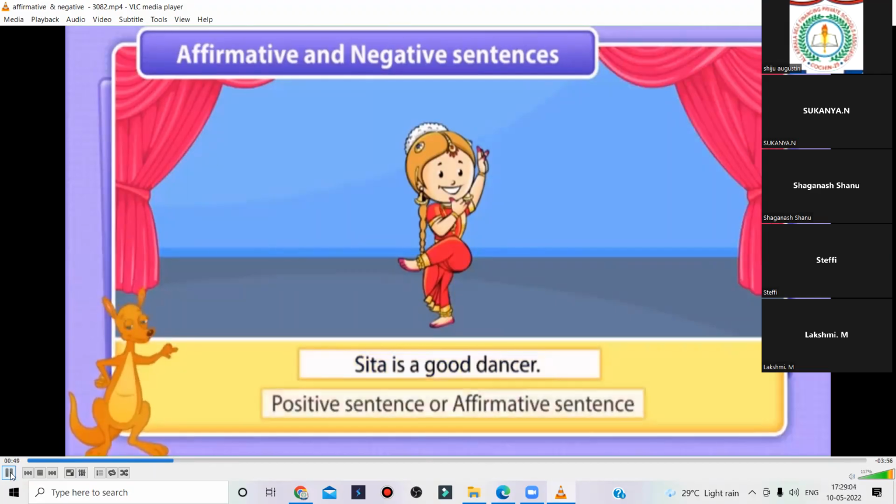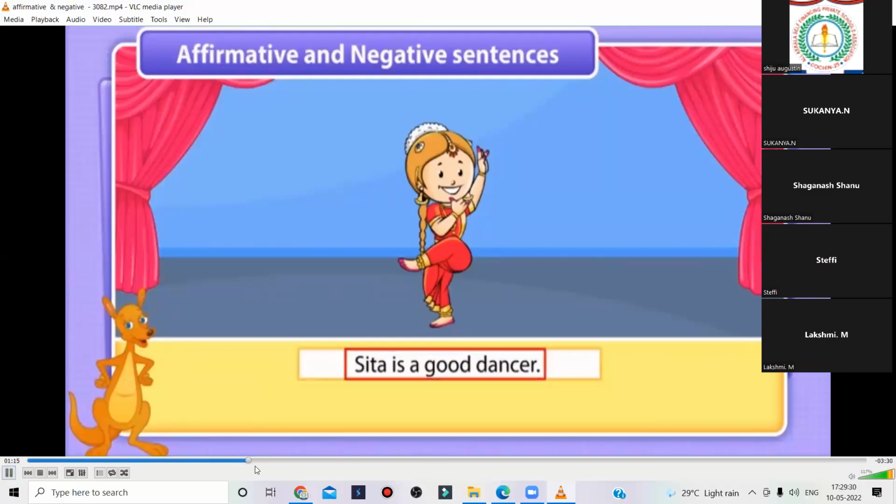So it is a positive sentence, also called an affirmative sentence. Since the sentence is also stating something, we call it an assertive sentence.